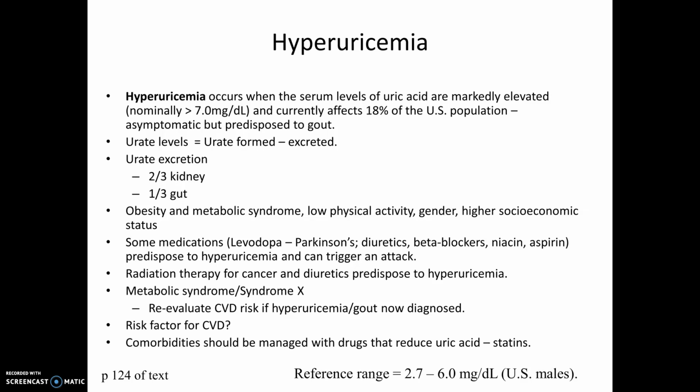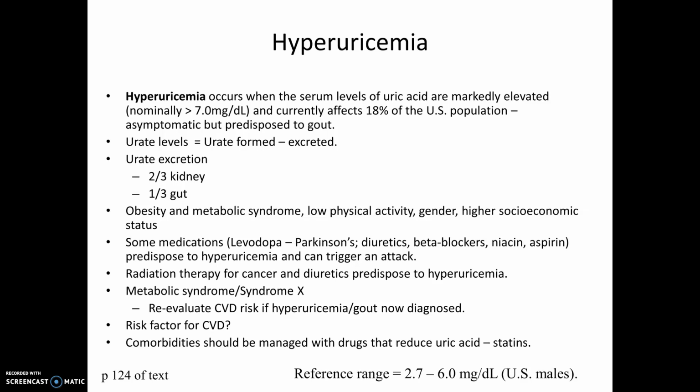A couple of things are interesting on this particular slide, and I ask you to read through this. Very often we see elevated uric acid levels in individuals who are overweight, or individuals who are experiencing radiation therapy as cells are killed in the radiation therapy.